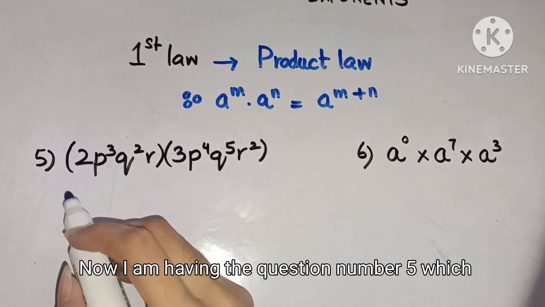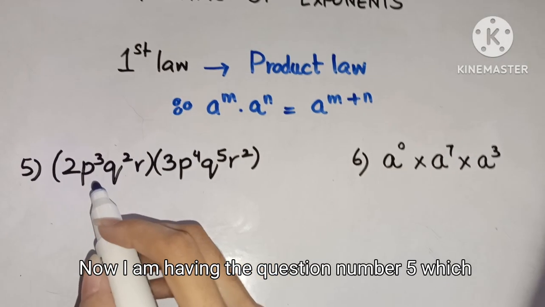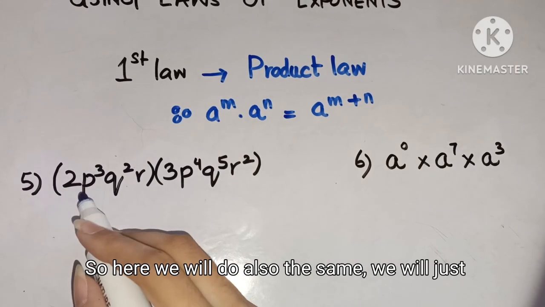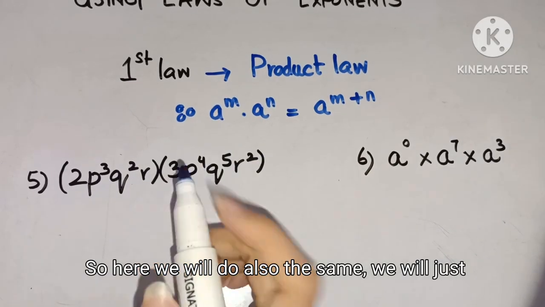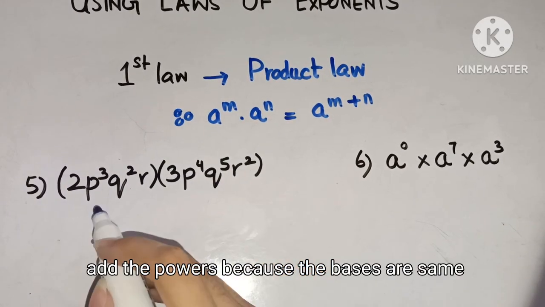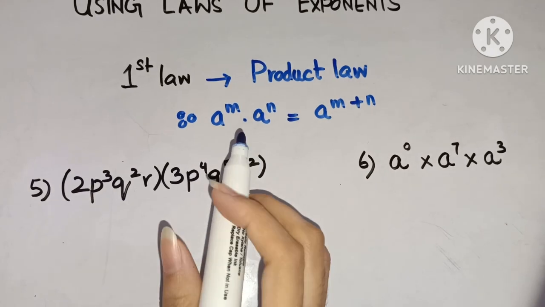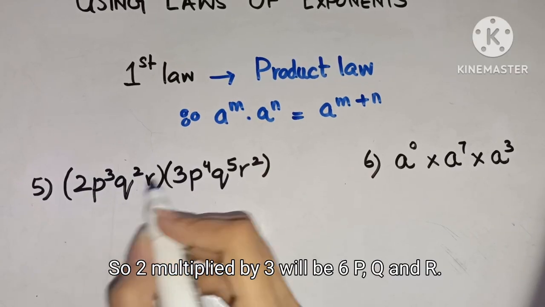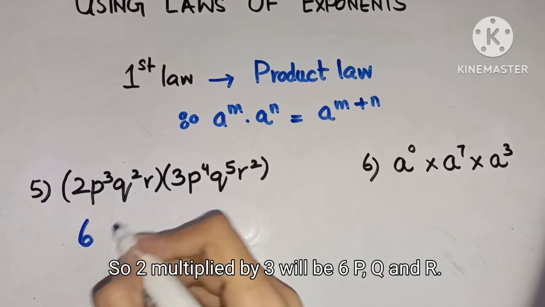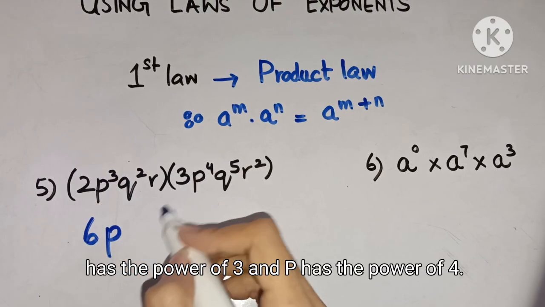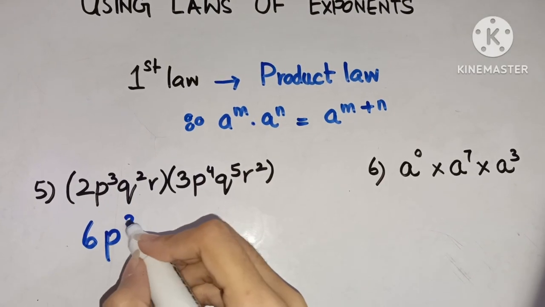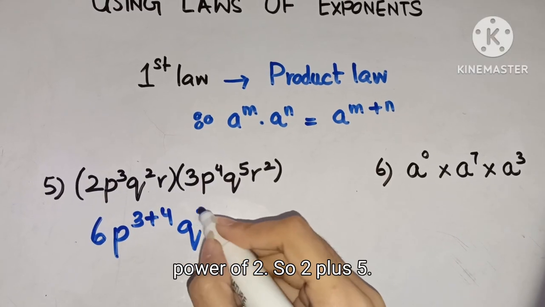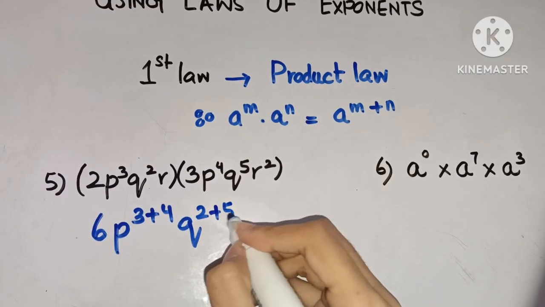Now I am having question number 5, which includes the 3 variables p, q and r. So here we will do the same. We will just add the powers because the bases are same, according to the product law. So 2 multiplied by 3 will be 6. p has a power of 3 and p has a power of 4, so 3 plus 4. q has a power of 2, so 2 plus 5.